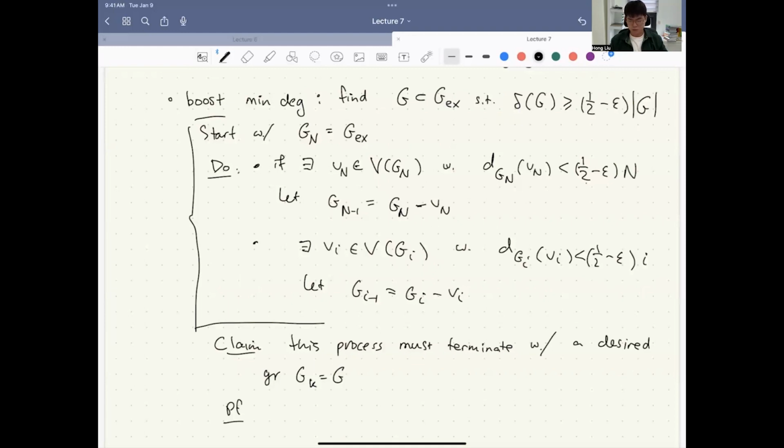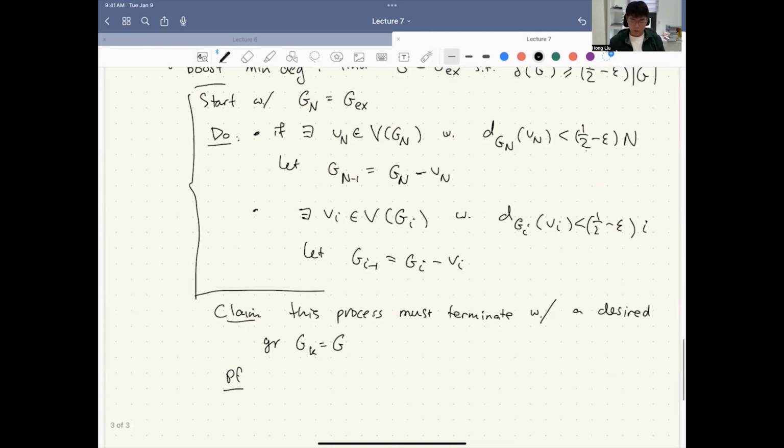I think I'm messing up the index. Give me a second. That's fine. Okay, so let's count the number of edges in the final graph. So E(G_K) is at least what?